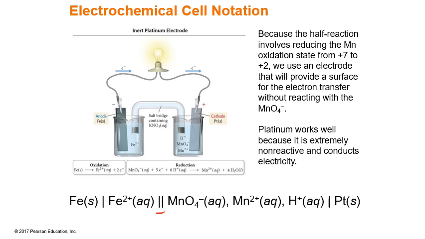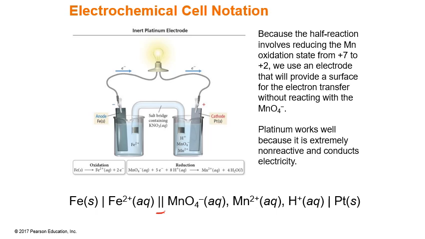So the MnO4- is being reduced to Mn2+, and this happens in acidic solution. And so all of these species, all of these ions, are separated by commas.